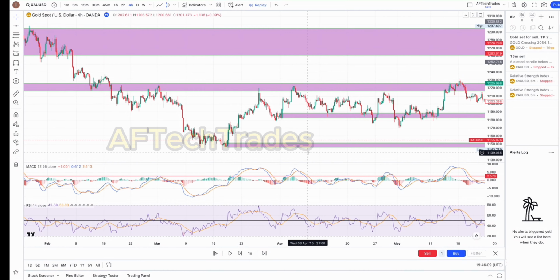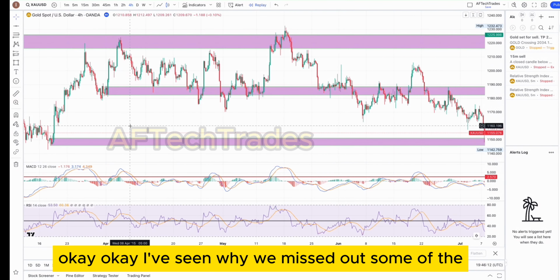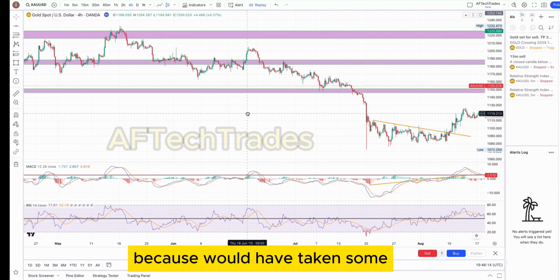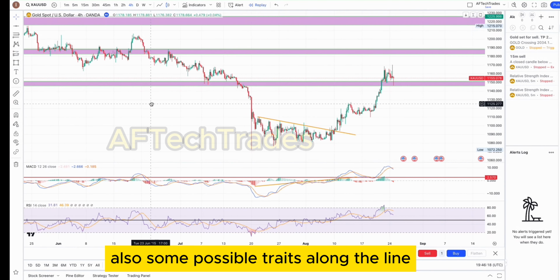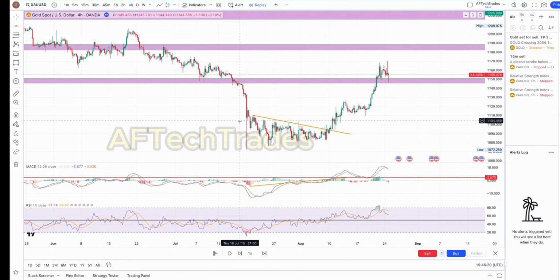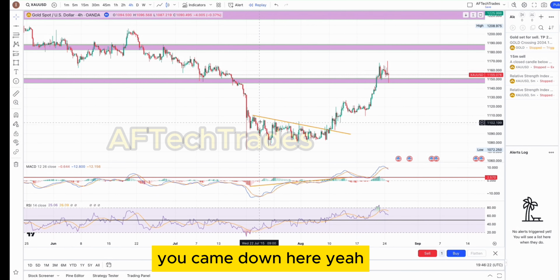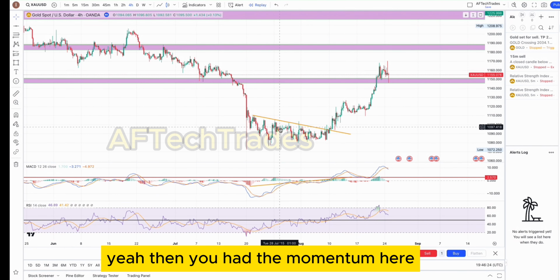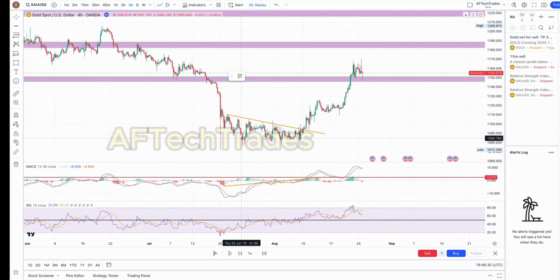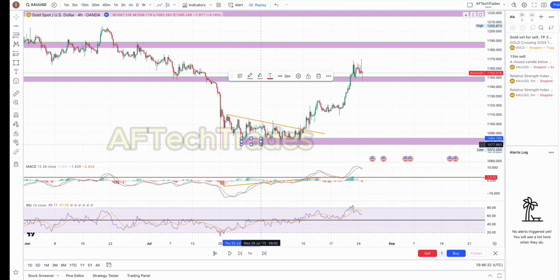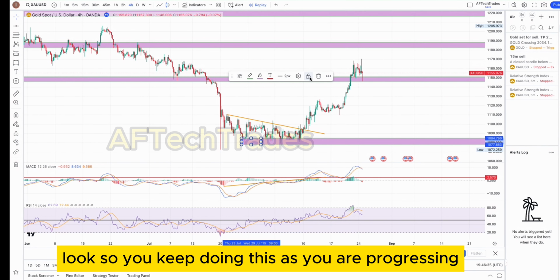I've seen why we missed out some, because we would have taken some possible trades along the line. It came down here, then you had the momentum here. So let's take this one as well. Lock.